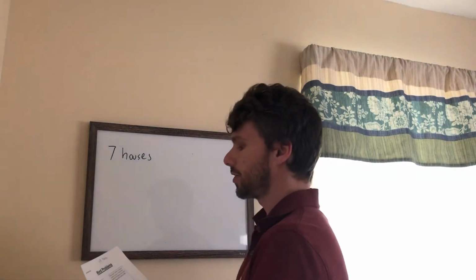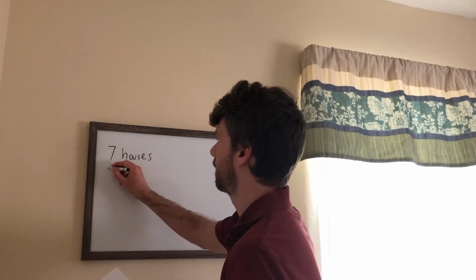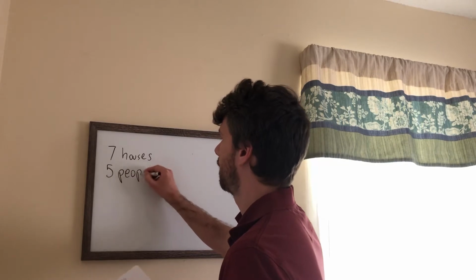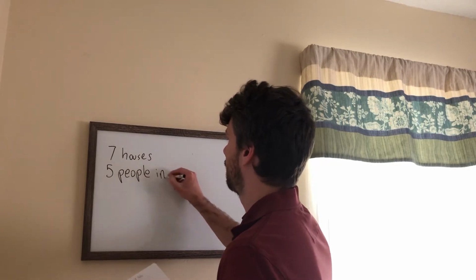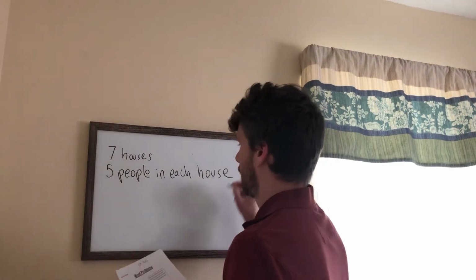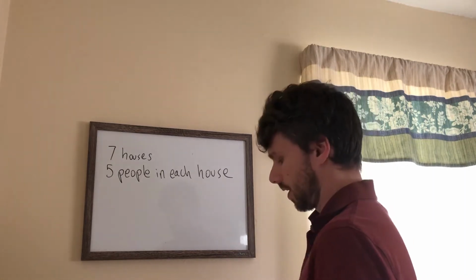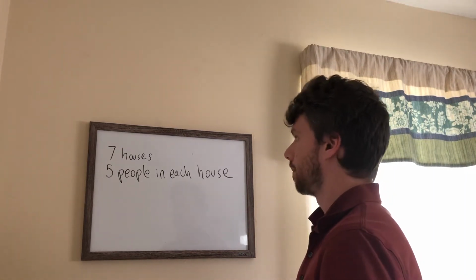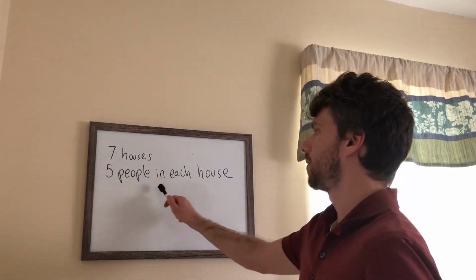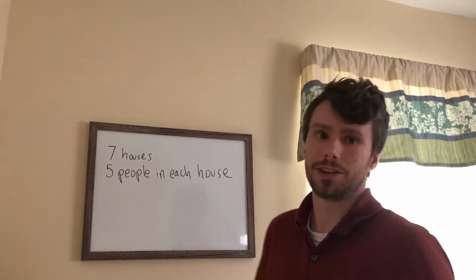Each house has 5 people living in it. How many people live in the cul-de-sac? Okay, so I have given the most important information that there are 7 houses and there are 5 people living in each house. Okay, what is our strategy here?